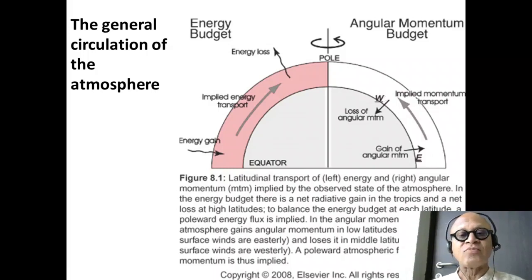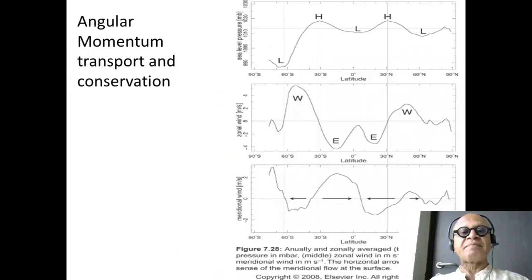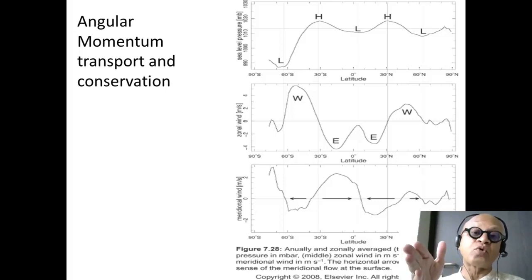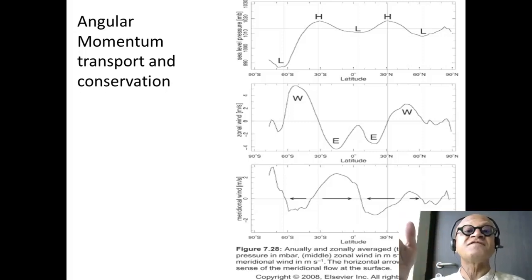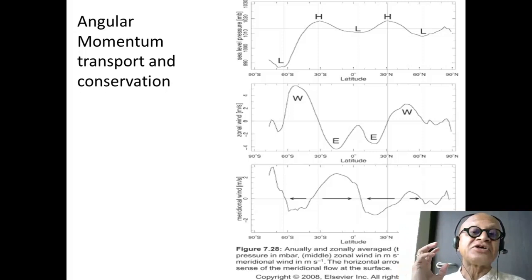We'll see more details about exactly how angular momentum is being picked up and transported northward. So there has to be an energy transport, there has to be an implied angular momentum transport, which is conserved. Energy has to be conserved because we are constantly moving energy from energy excess to energy deficit areas. It turns out that angular momentum is not that simple.